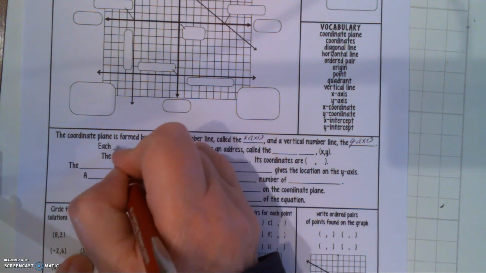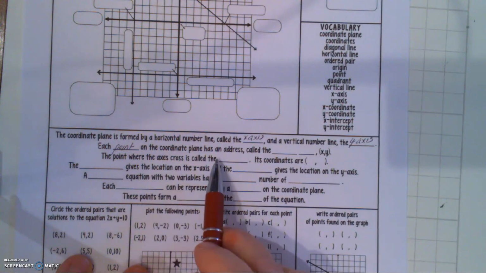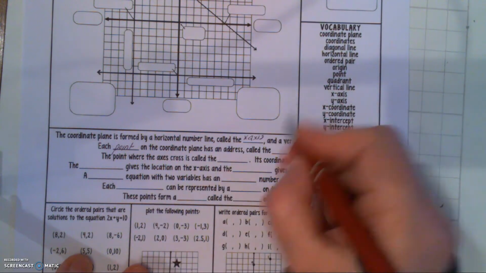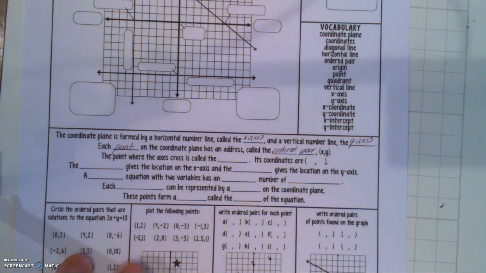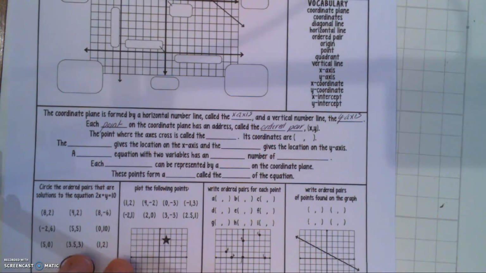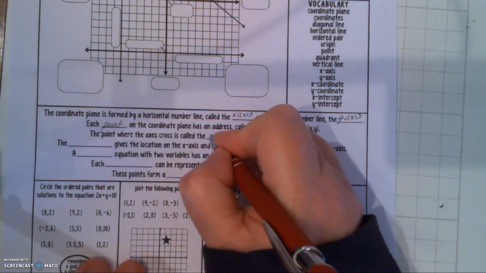Each point on the coordinate plane has an address called the ordered pair. The point where the axes cross is called the origin, which is right here. So this would be (0, 0), and this is the origin.